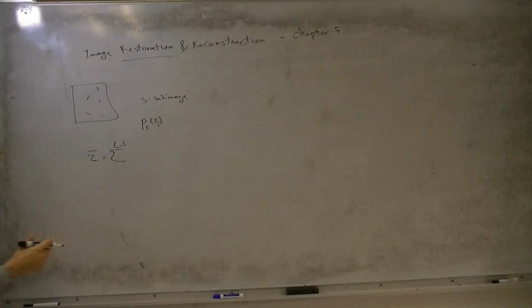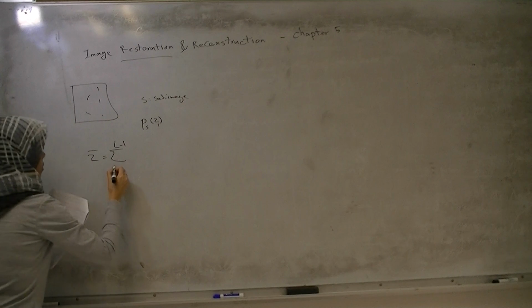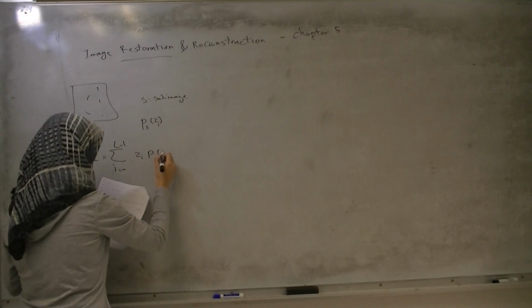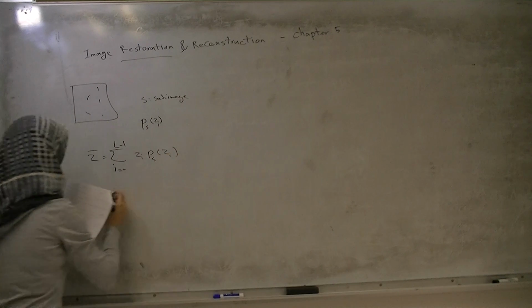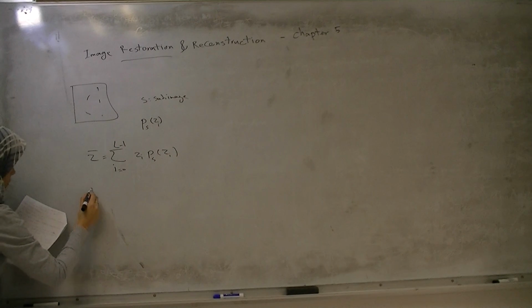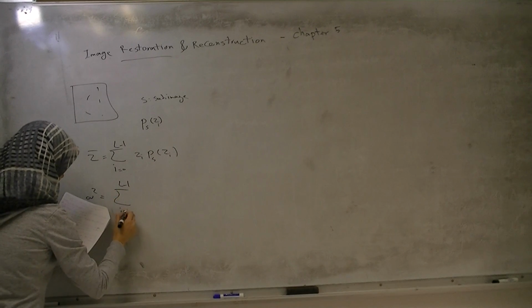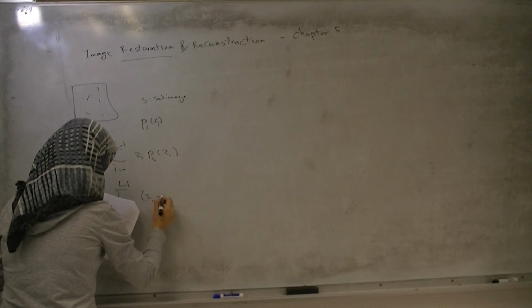If L is all of the intensities that we have in the image, the Z bar is equal to the sum of Z i times p(Z i), and also the variance is equal to the sum of (Z i minus Z bar) squared times p(Z i).